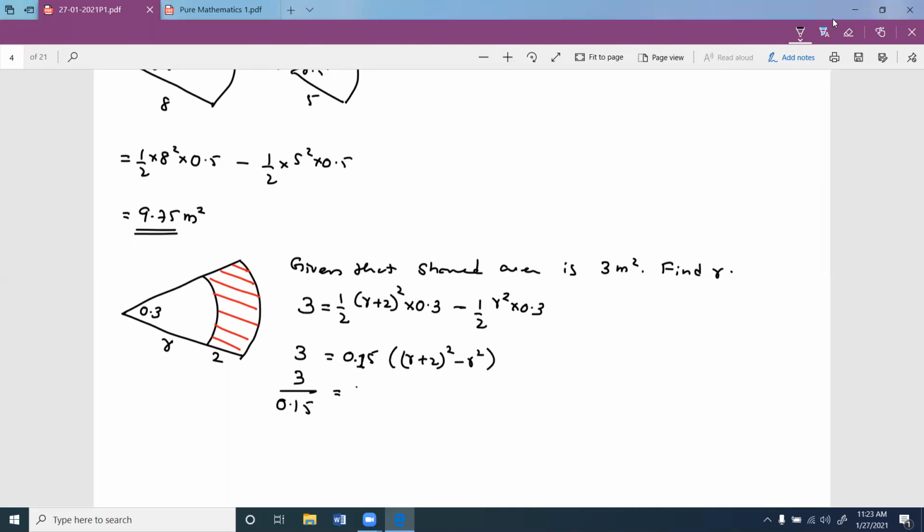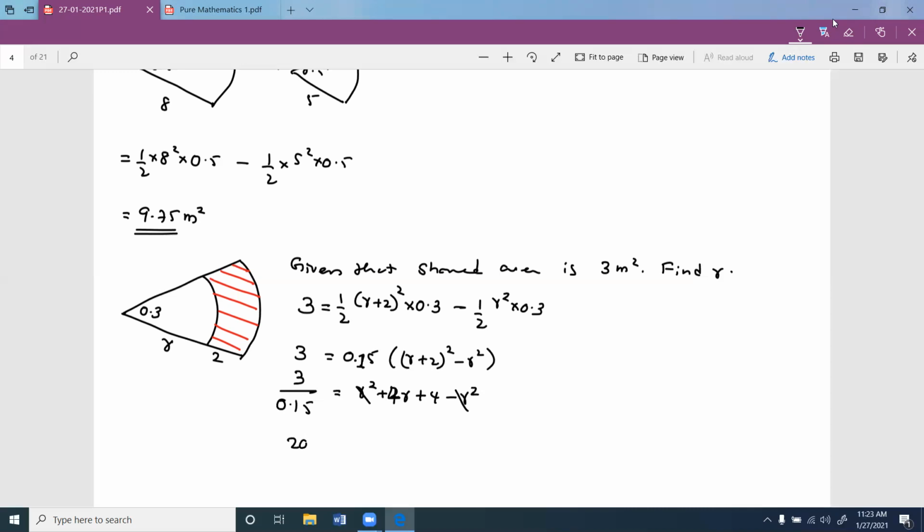If I expand this bracket, it turns out to be r squared plus 4r plus 4 minus r squared. Then these two cancel each other. 3 divided by 0.15 is 20.